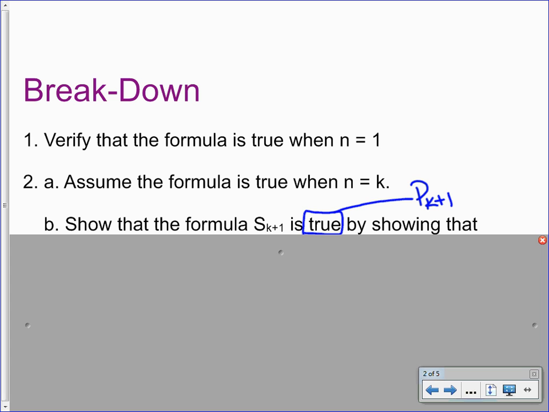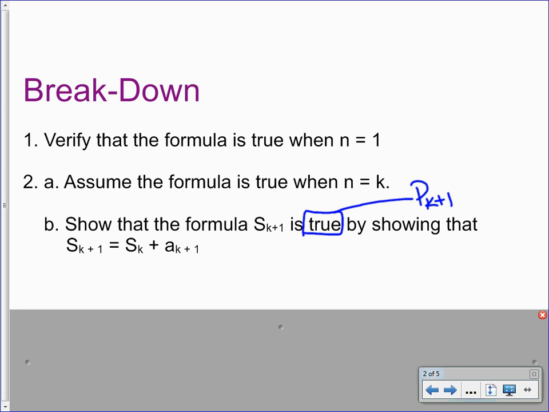So we're going to have a sum of the first k terms. To get the sum of the first k plus 1 terms, we're going to have to add that k plus 1 term. We kind of saw that yesterday, but I'll show you what I mean when we get to our actual example.